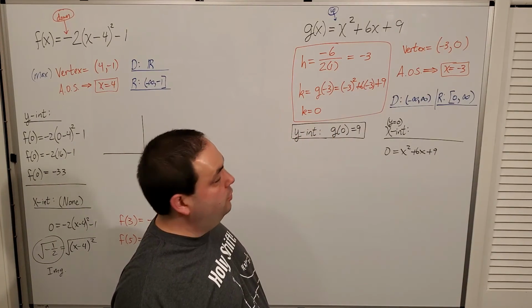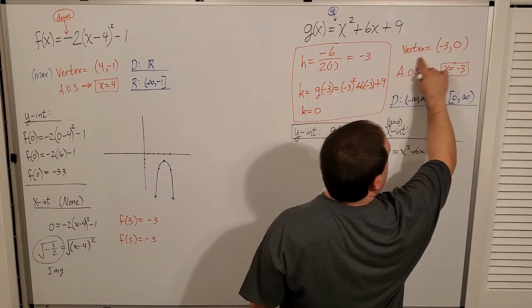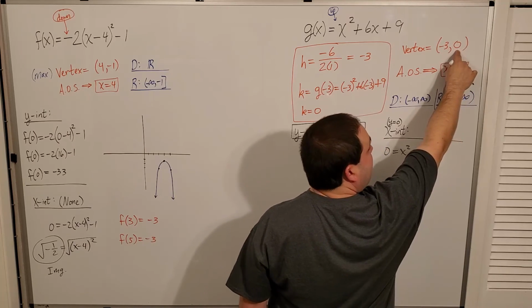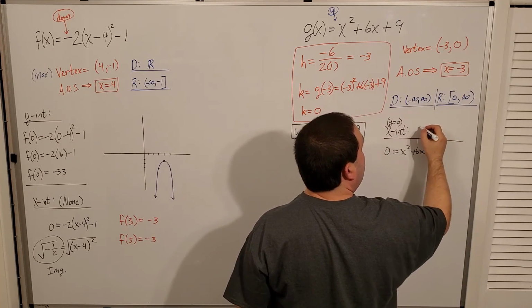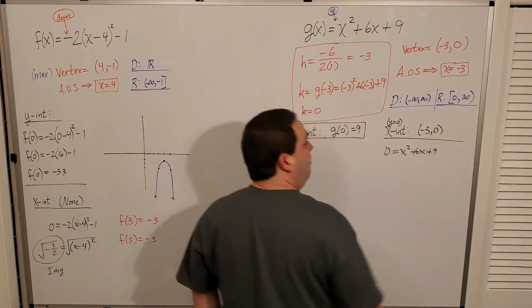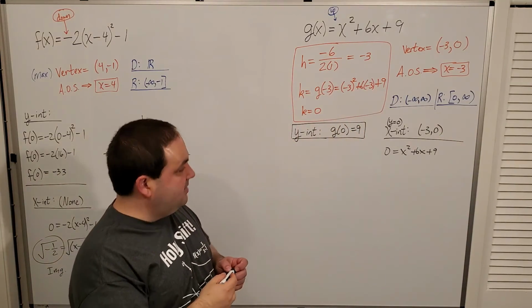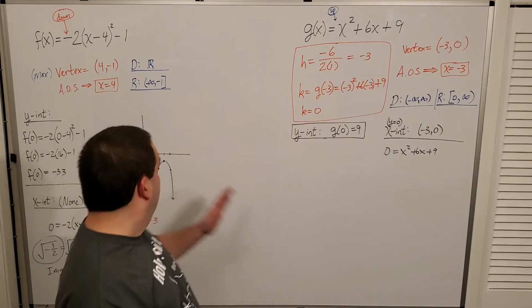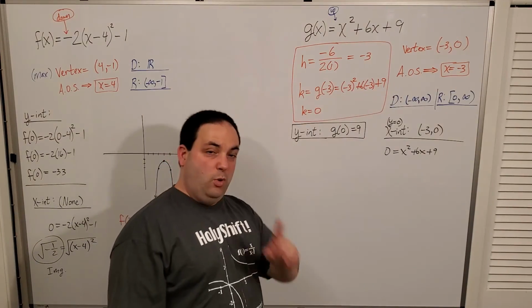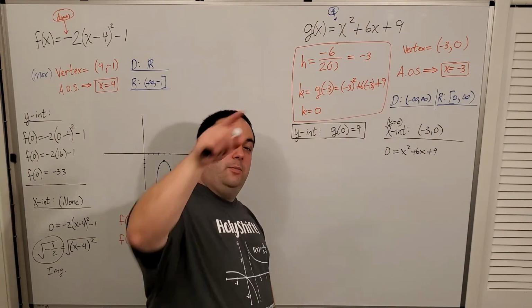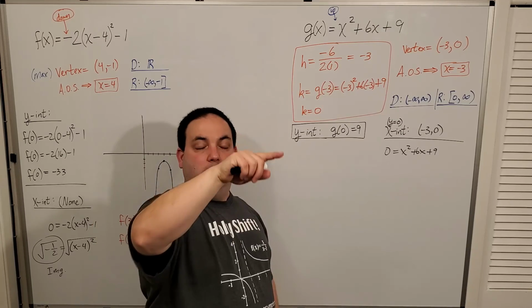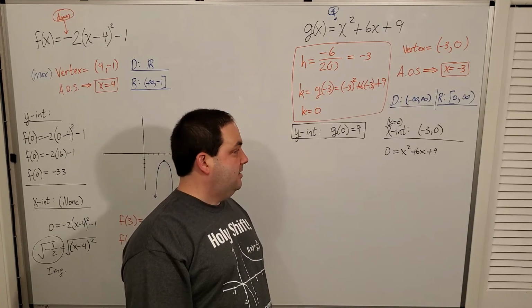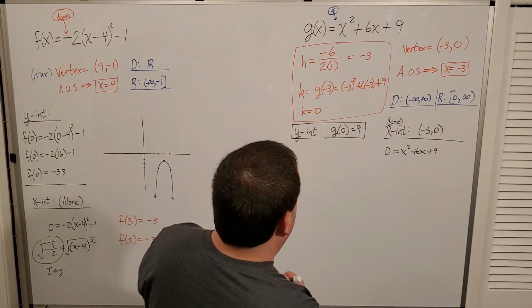But I don't need to because I've already found the special case. The vertex has a k of 0. So my x-intercept is also my vertex. And in this case, I only have one x-intercept. Last time we had none. This time we have one. What's happening is the parabola is bouncing on the x-axis here. Okay, so let's graph it.